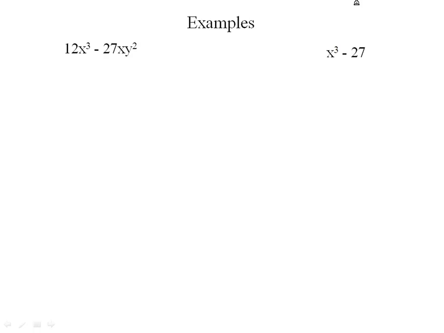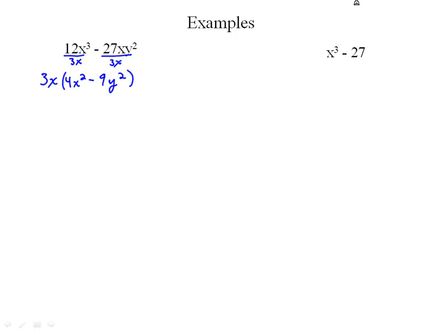Well, in the first one, we can divide a 3x out. So if I divide here by 3x, that's going to give me 4x squared. If I divide here by 3x, that's going to give me a negative 9y squared. Don't stop, because that's a pattern. That is the difference of two squares.